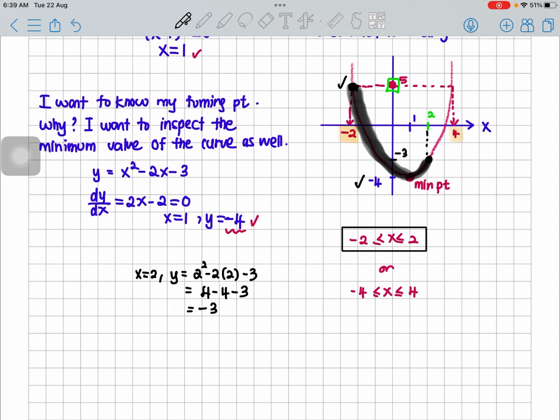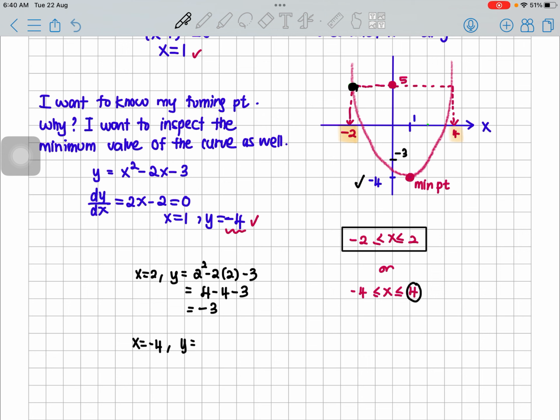Okay, for those who are curious, if you're asking why are you not taking these? Let's inspect. So let me erase this part off. Now, if my x is equal to minus 4, this one makes sense. When the x is equal to 4, your highest y value is 5. Can you see that here? But what happens when I do x equal to minus 4?